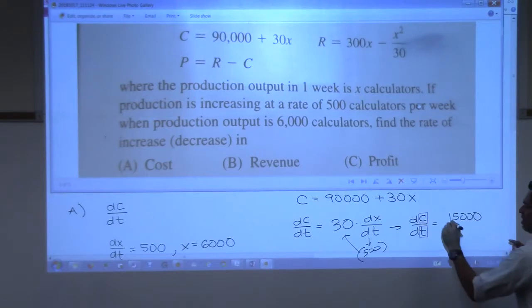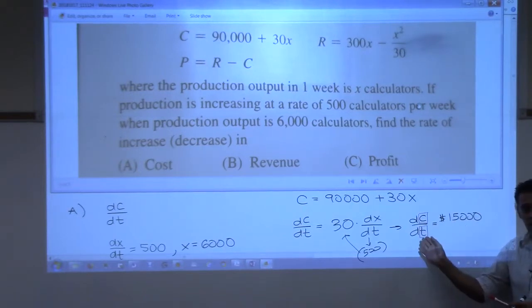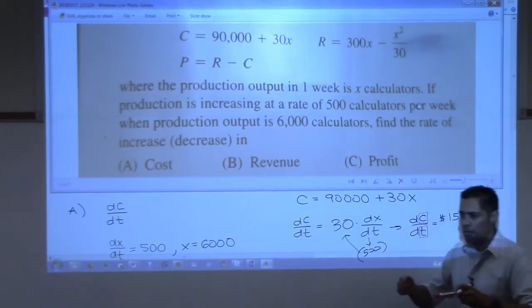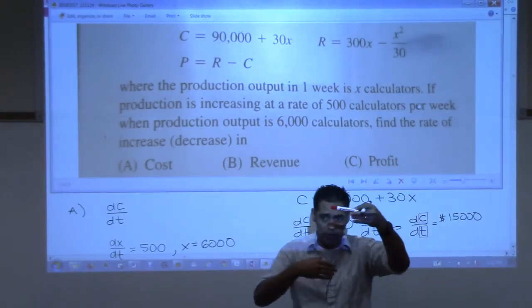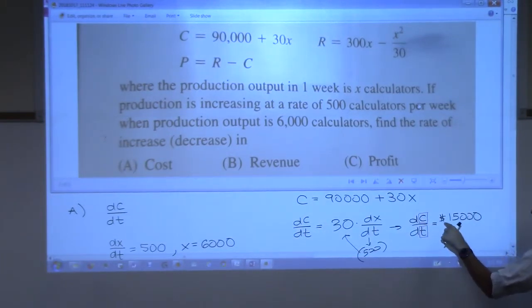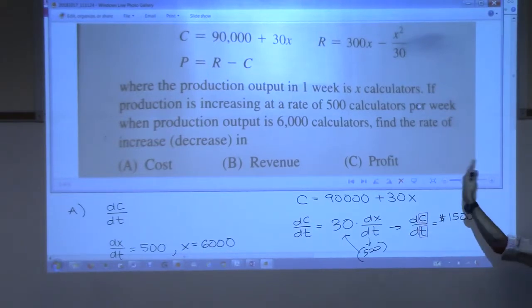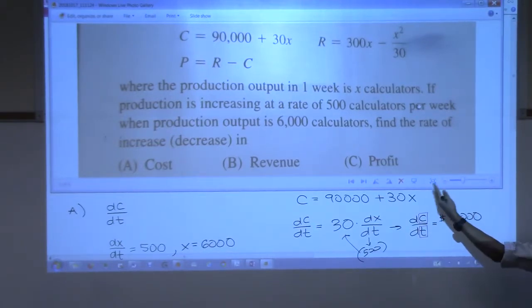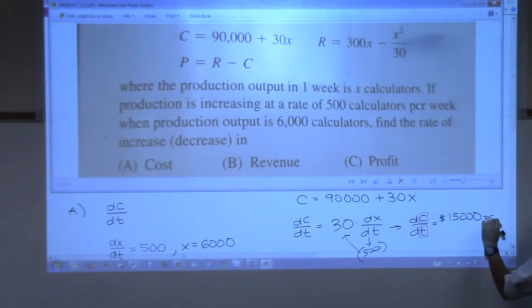So this is $15,000. Now, division means per. When you're driving down the road, miles per hour means miles over hours. So when we're saying cost over time, cost is measured in dollars, and time is measured in this particular problem in weeks. So this is per week.